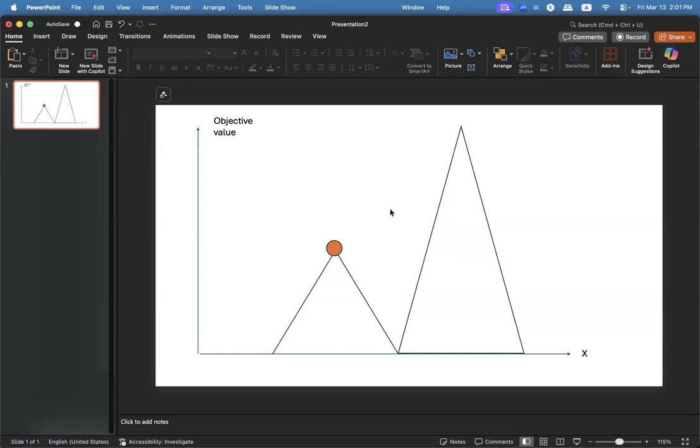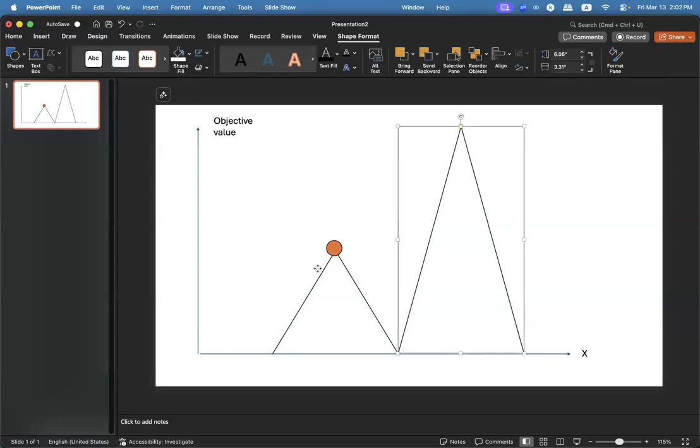This is a new problem, and we have another state space. This is a curve like this, and our state is right here.